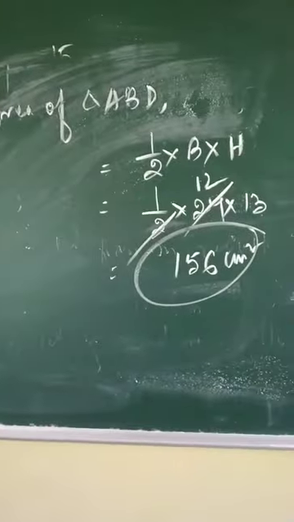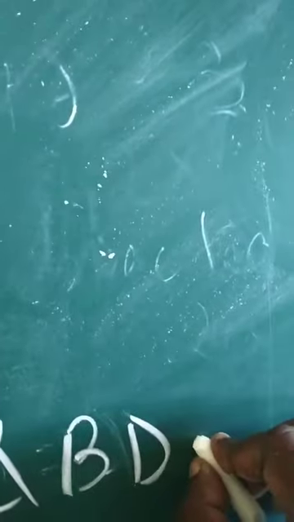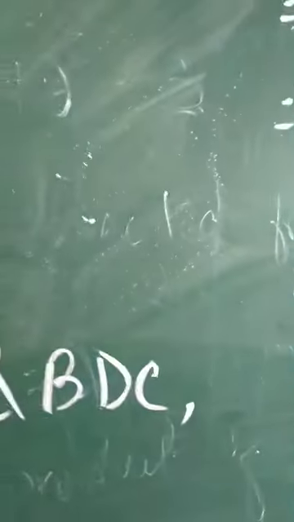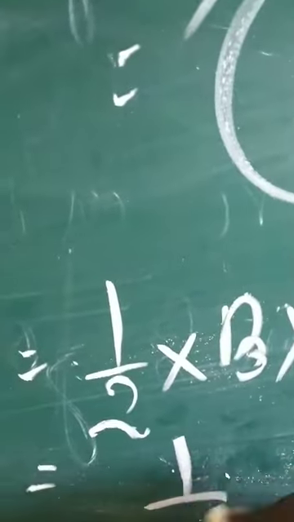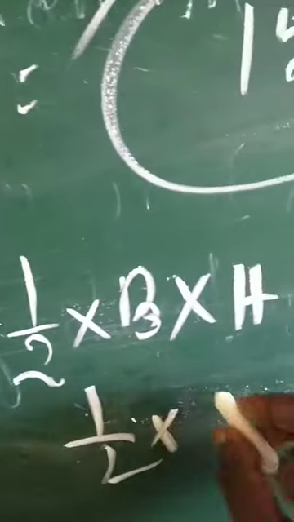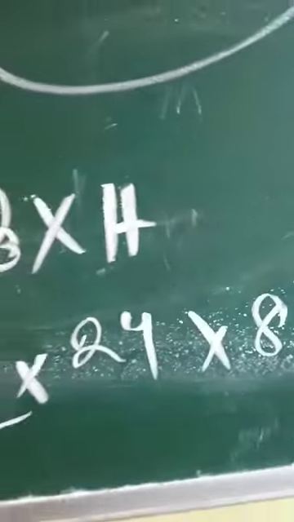Now, we are going to find the area of another triangle, triangle BDC, in which the similar formula is utilized, half into base into height. So children, half into base is 24 and height is 8 centimeter.